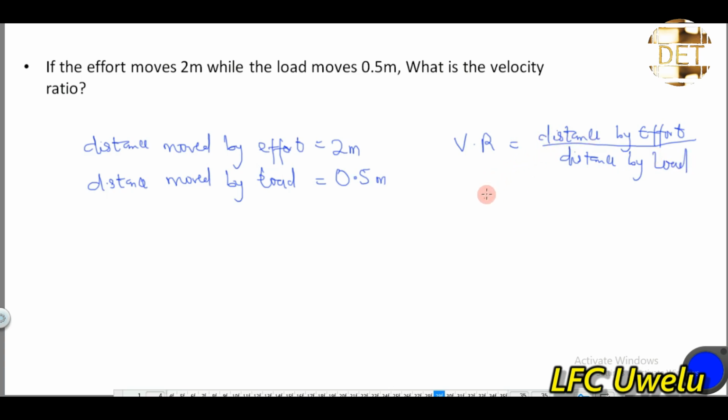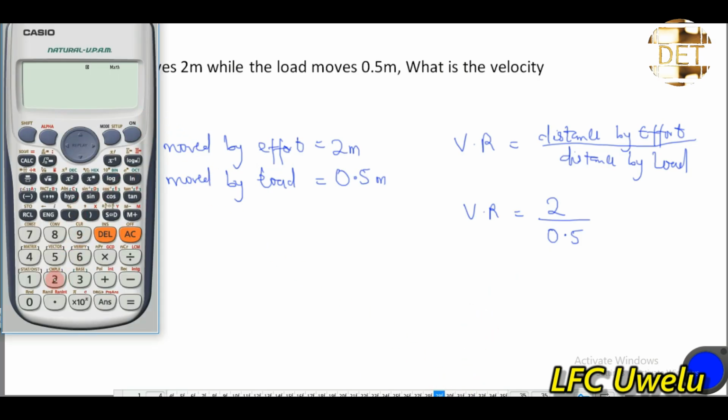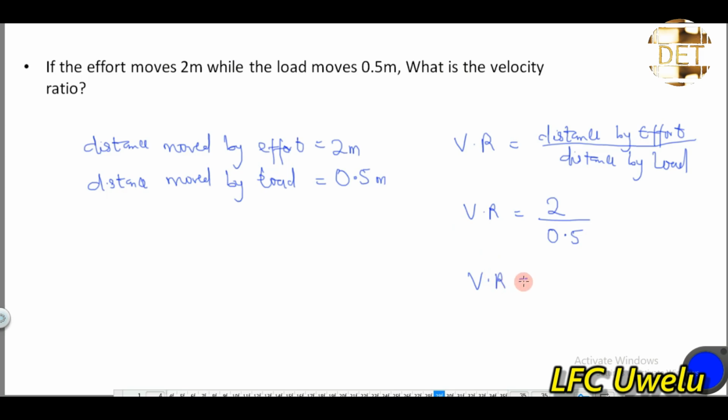The distance moved by the effort is 2, over the distance moved by the load, 0.5. So 2 divided by 0.5 is equal to 4. So the velocity ratio is equal to 4. That is the answer to this question. It is very simple and straightforward.